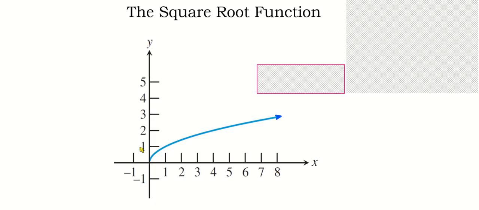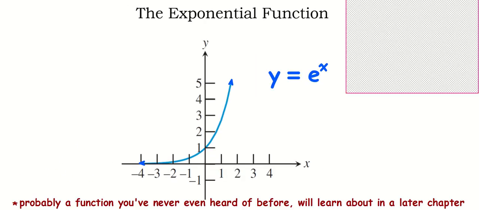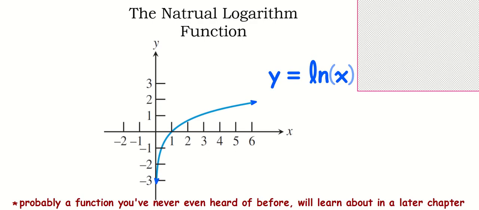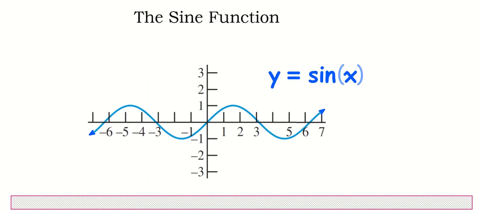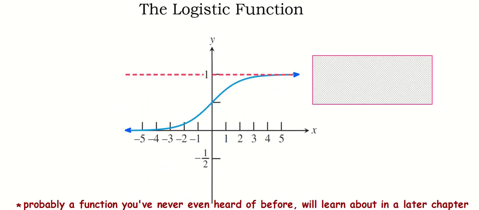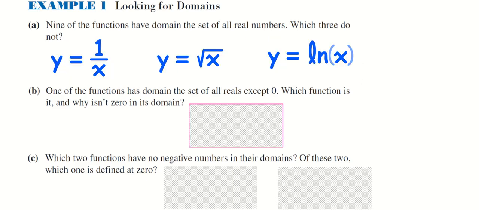Ooh, this is another one because of what taking the square root is all about, we cannot have any negatives in our domain. So there's another one. Not that one. This one. There's the third one. Yep, there we go. So that's kind of what these examples are going to be about.